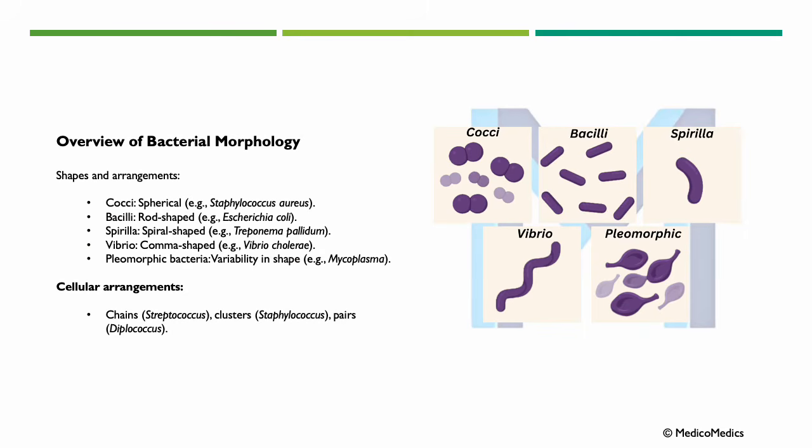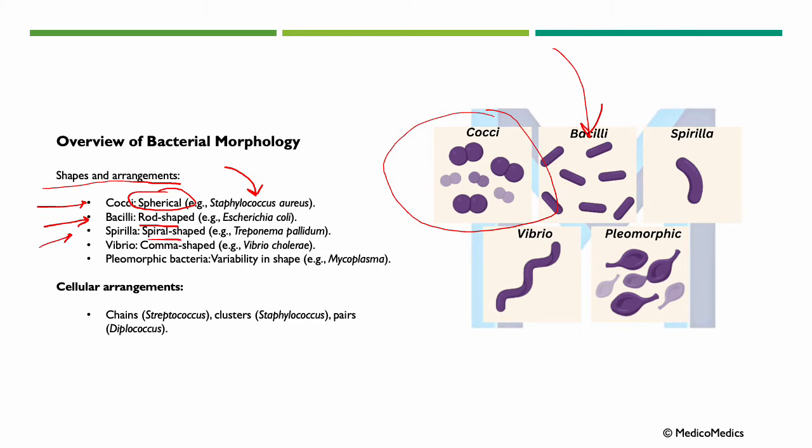Now, overview of bacterial morphology. So let's talk about some shapes and arrangements. We have cocci. These are spherical, for example, the bacteria Staphylococcus aureus. And here is an illustration. We have bacilli. These are rod-shaped. You can see that here, for example, E. coli. We have spirilla.